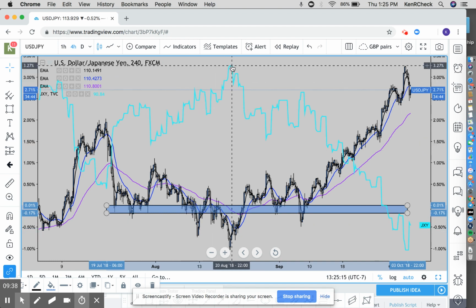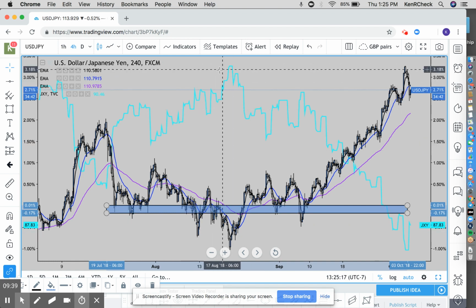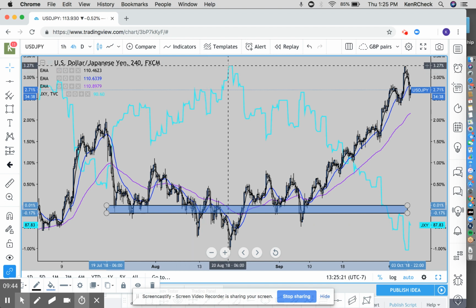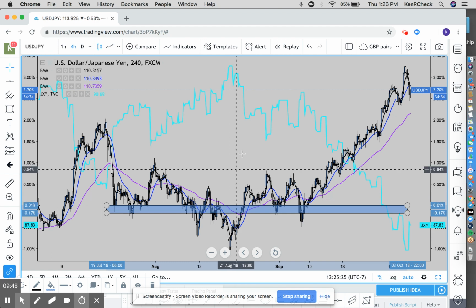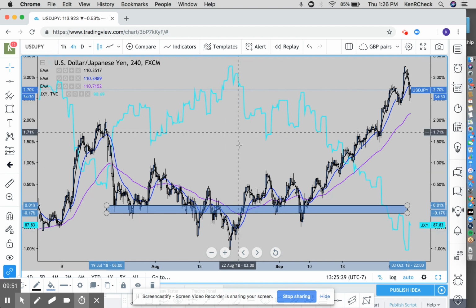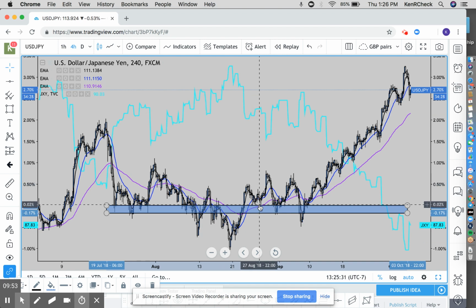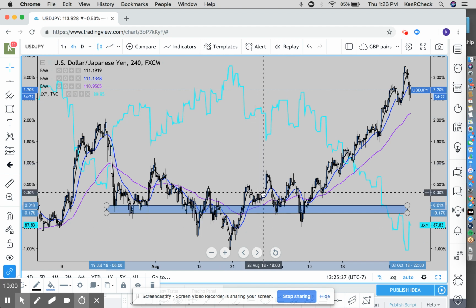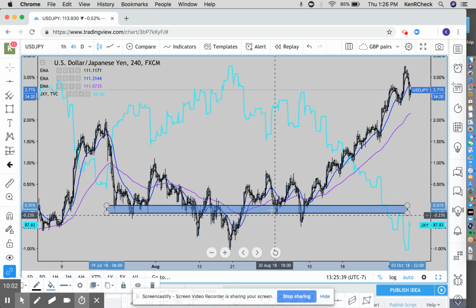As you can see, created a nice double bottom here, 1, and then 2. So then the Japanese yen began to come down, and we're going to be buying it, right? So now we're just getting off these retests on the Japanese yen, and then the pullbacks on UJ for buy opportunities.